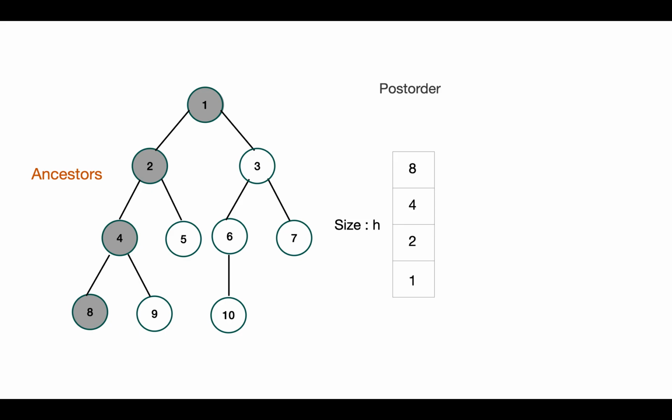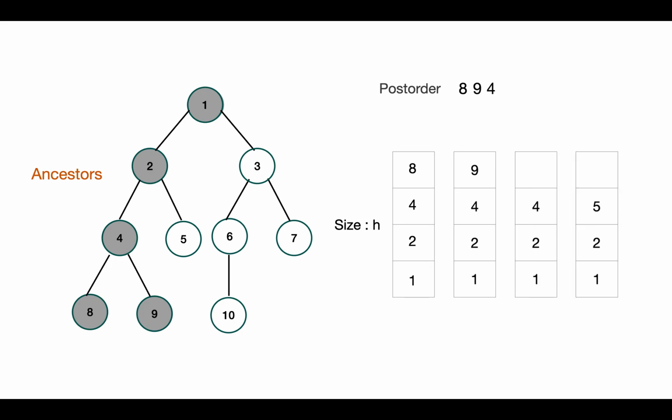After 8, as it does not have anything further, 8 gets popped out, and then we go to the right node, which is 9. Store it in the stack. Now one by one, the nodes present on the stack get visited and get popped out of the stack. So it takes order of h space.